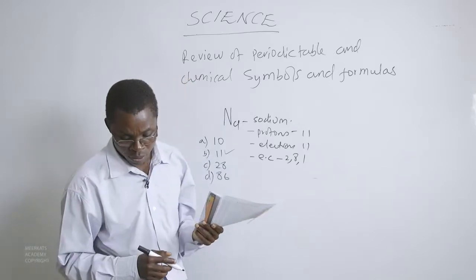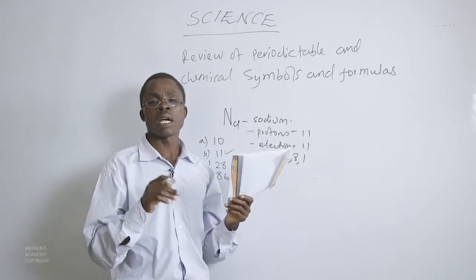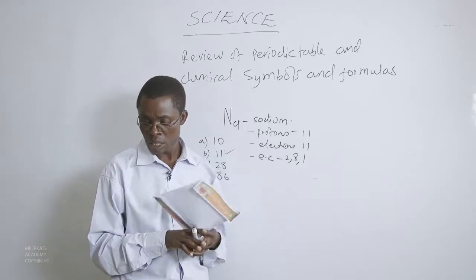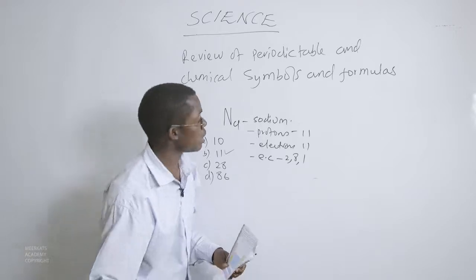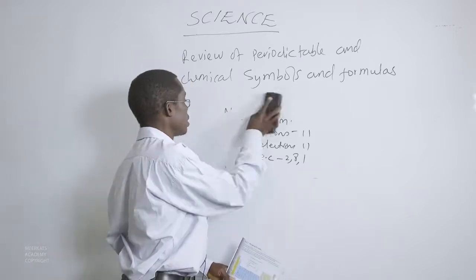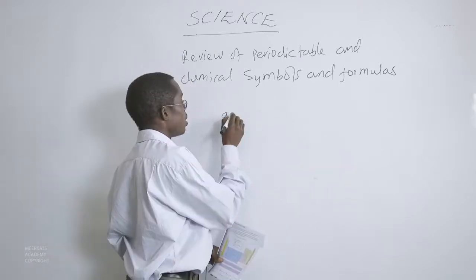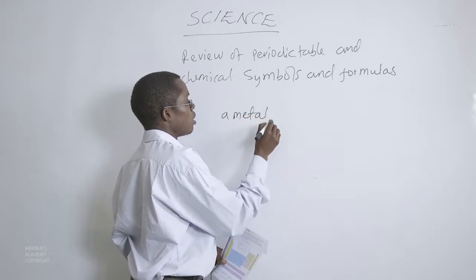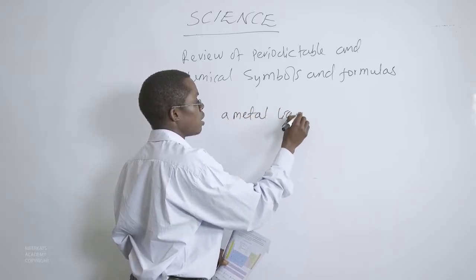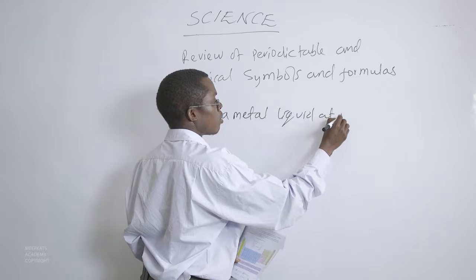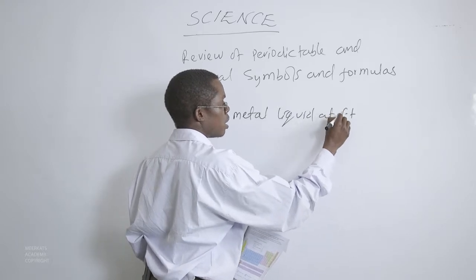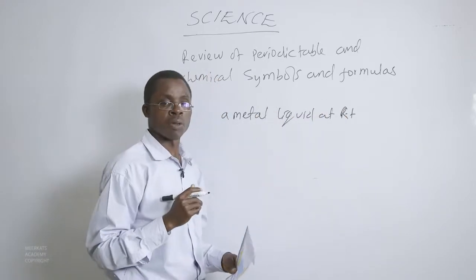This is a metal, but it has another characteristic, and the characteristic is that at room temperature it is supposed to exist as a liquid. A metal, liquid at room temperature.